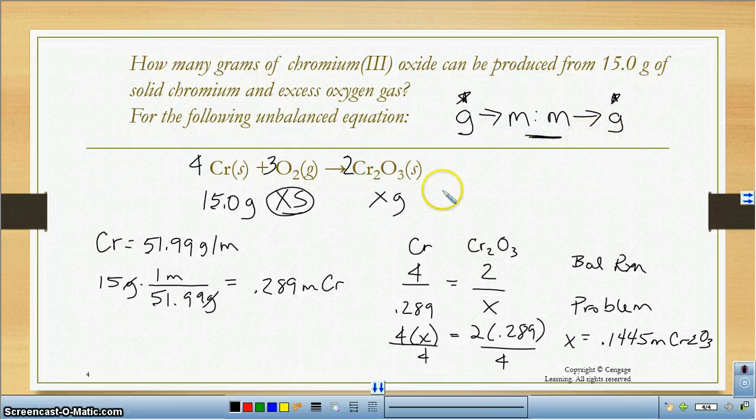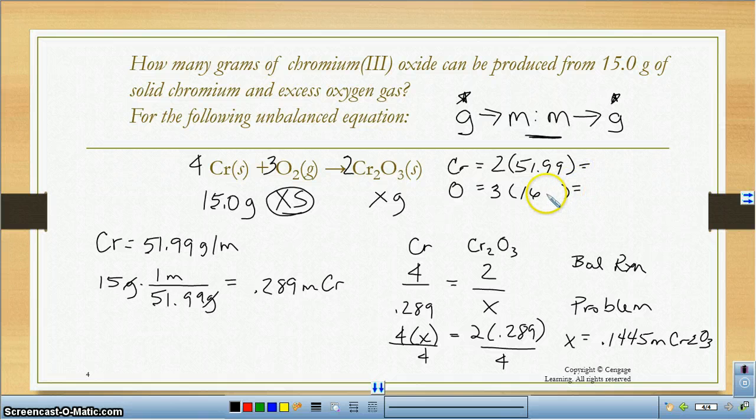Now I change from moles to grams. So the first thing I need to do is find out what the molar mass of chromium 3 oxide is. So I have 2 chromium weighing in at 51.99 grams per mole of chromium. I have 3 oxygen, which is 16.